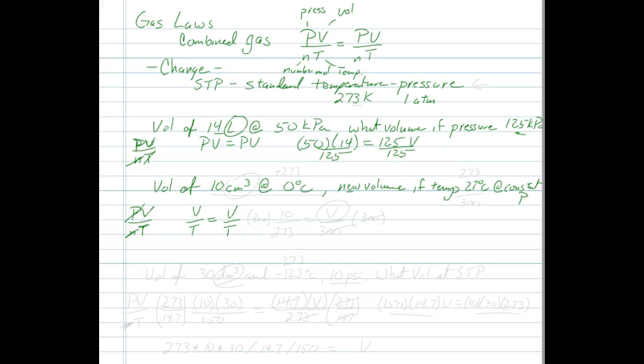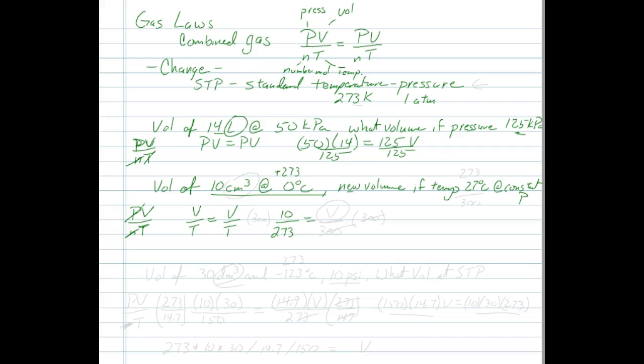Plug in from the first phrase the volume, which is 10, and the first temperature. Now, temperature has to be in Kelvin, because 10 divided by 0 you can't do. So you've got to do 273 plus 0, which is 273.